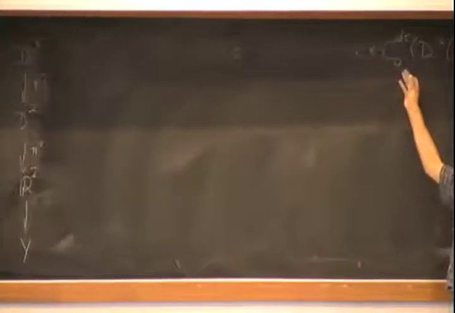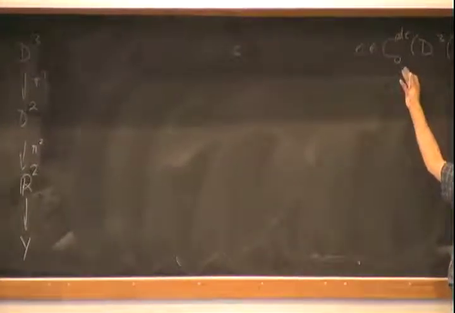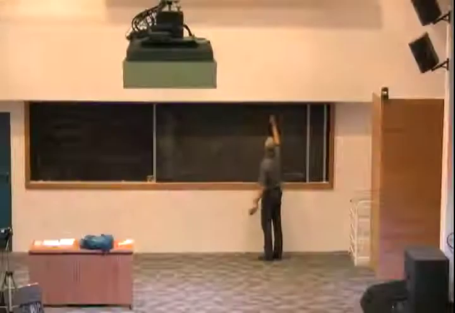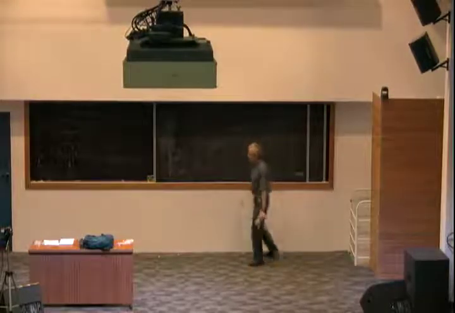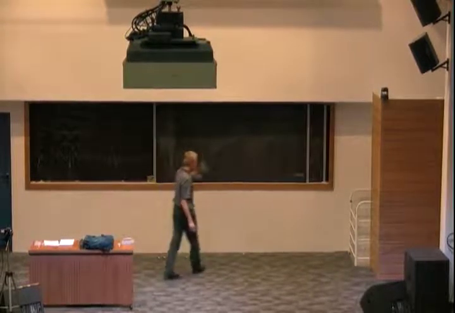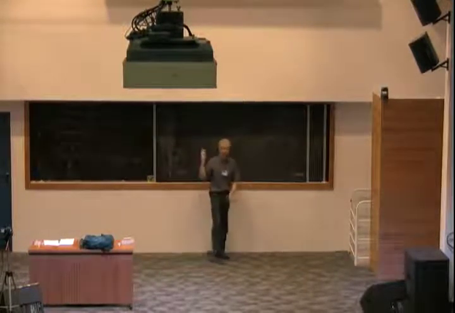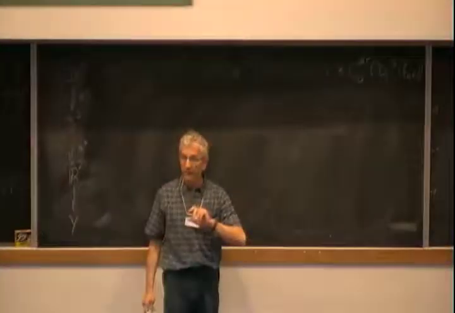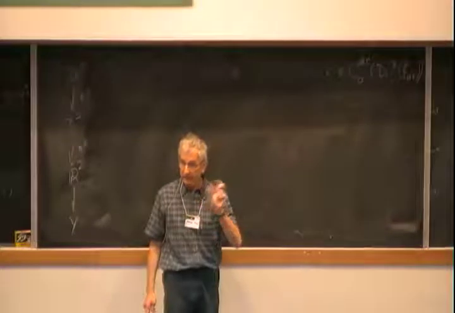So I asked you to find an alternating 0th homology class. That was an exercise, and you can easily do it. Remember, a zero-dimensional chain is just a choice of points with coefficients. So there are 6 points in D3. You've got to give a coefficient of +1 or -1 to each, and if you choose the signs right, it'll be alternating.